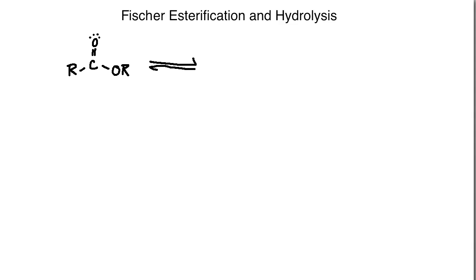I'm doing the Fischer esterification, so we want this to be a carboxylic acid. I was already jumping to the hydrolysis. Okay, reversible, and the goal is that we're going to get an ester out of this. So we're going to have R, C double bond O, and then in place of the OH, we would have OR. And I'm going to put a double prime mark there so we realize that this R came from a different source.